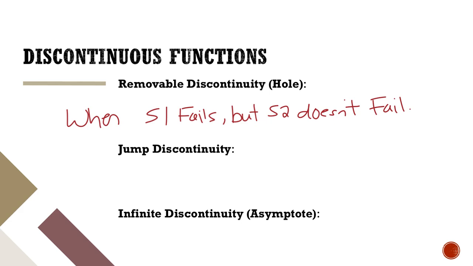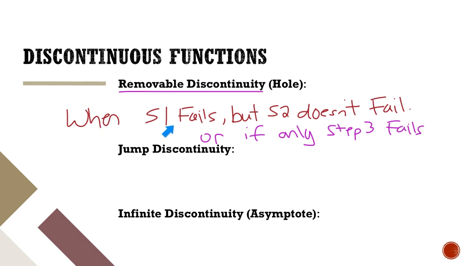So when step 1 fails but step 2 doesn't fail, that will always be a removable discontinuity. Or if only step 3 fails. So there are 2 ways that you could have a removable discontinuity. Step 1 fails but step 2 doesn't. And then if they both pass but step 3 is they're reaching a different spot, then it would be different.